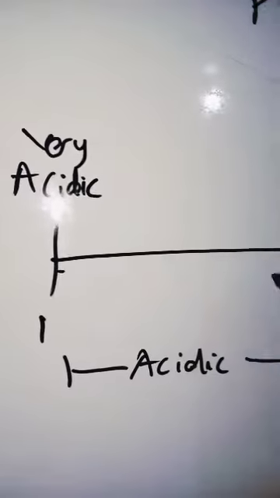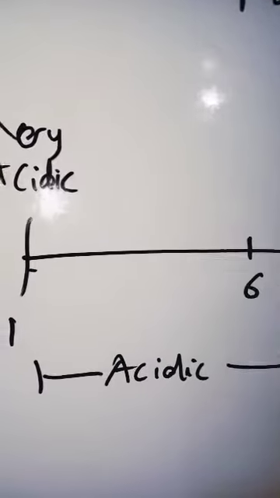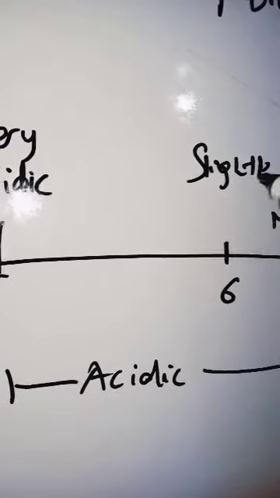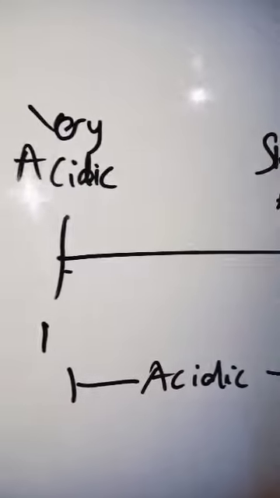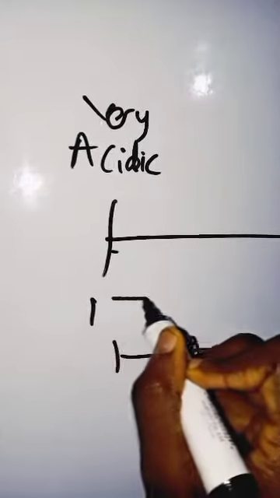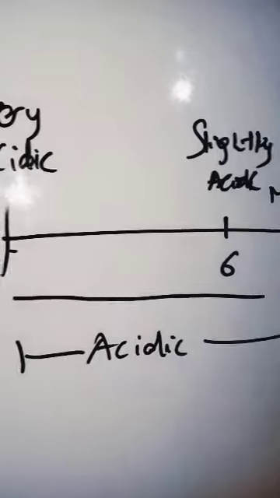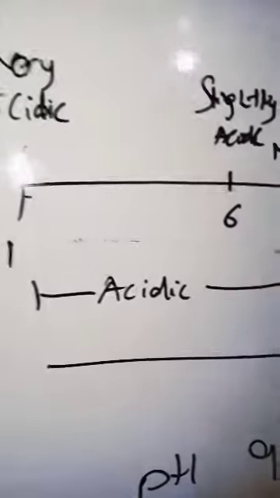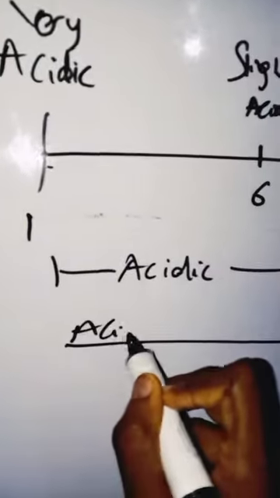In a similar vein, we have the acidic region. This one is very acidic. If you have a solution of pH 6, this one will be slightly acidic. So the acidity is in this order. Let me just draw it down here. Acidity is decreasing in this order.